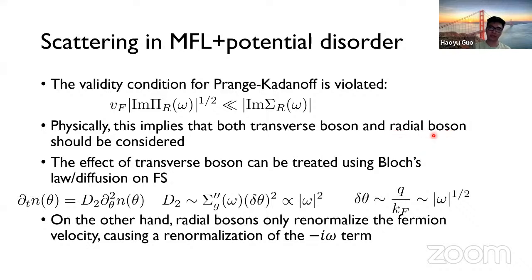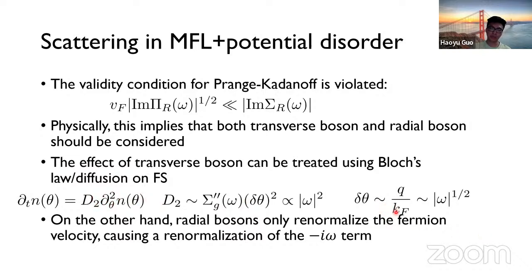And because there is a very large decay rate for the fermions, you can also try to excite the fermion in the radial direction. So for example, if you first just look at the effect of those transverse bosons, because right now there's no momentum conservation, you could just use the picture of Bloch's law, which is a normal diffusion on the Fermi surface.